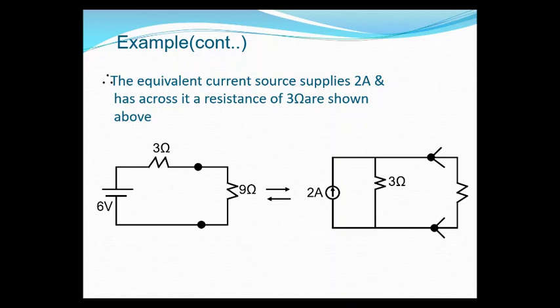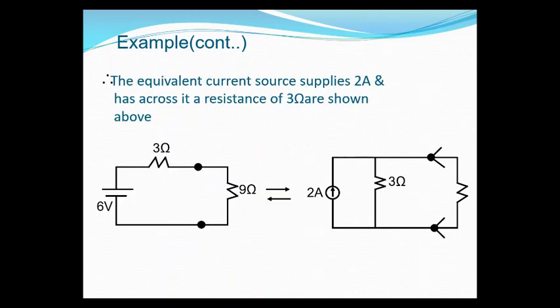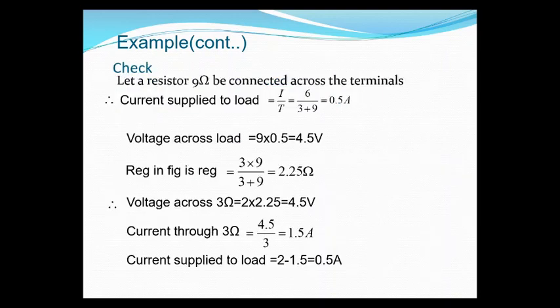Now I am going to check this. See here, the voltage across the load is 4.5 volts. See in the figure, the total resistance is 3 ohms in parallel with 9 ohms. So 3 ohms in parallel with 9 ohms, the total equivalent resistance is 2.25 ohms.